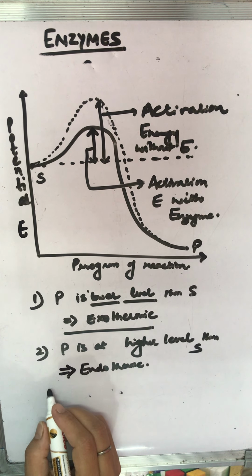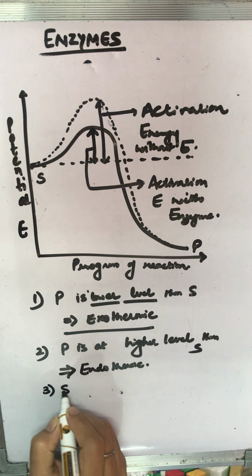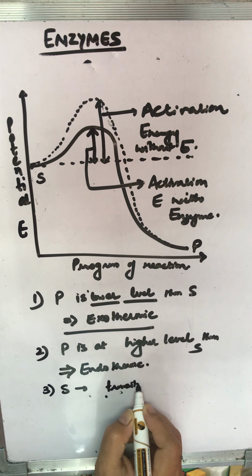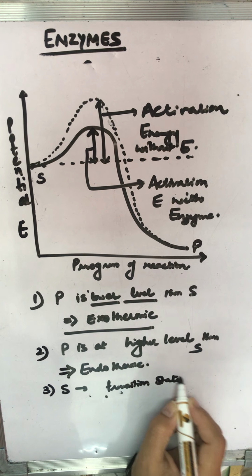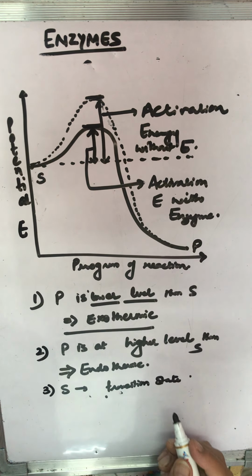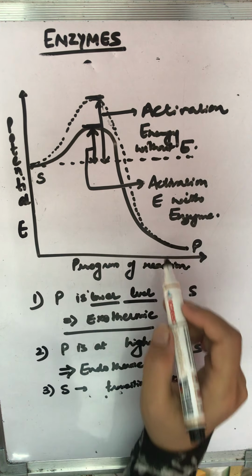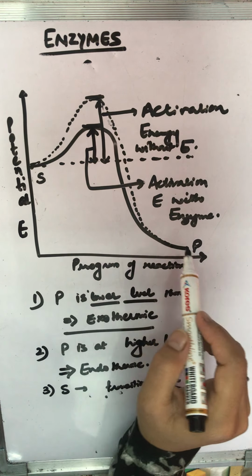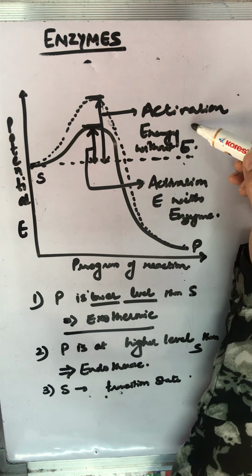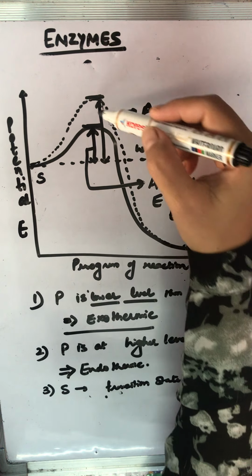But S has to go through a much higher energy state or a transition state. Always the transition state, where the making and breaking of the bonds is taking place. This is the transition state in both exothermic and endothermic as well. Exo is when it is below this line. Endo is if it ends up somewhere here.